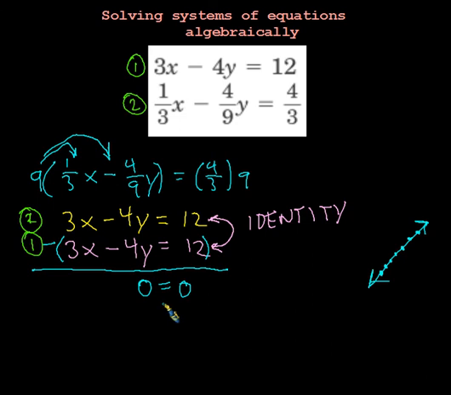Certainly I don't have one solution, and we'll look at another case in a minute, but in this particular example, if I have a number and it equals itself, then we can say infinitely many solutions. So if this is the result you get, 0 equals 0, or some number equals some number, you can say infinitely many solutions or many solutions.